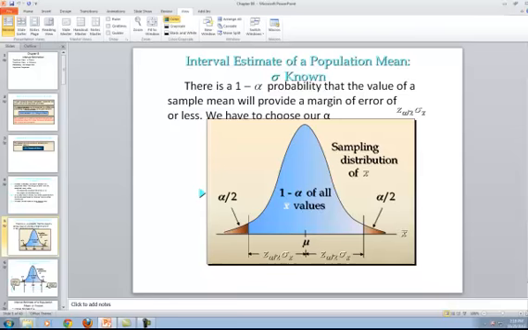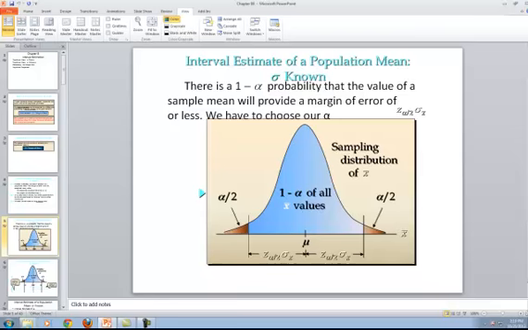As you will see, if 1 minus alpha is in the blue shaded area, then alpha must be the areas to the right and to the left. And since the curve is symmetrical, the size of the area to the right must be alpha over 2, and the size of the area to the left must be alpha over 2 also.